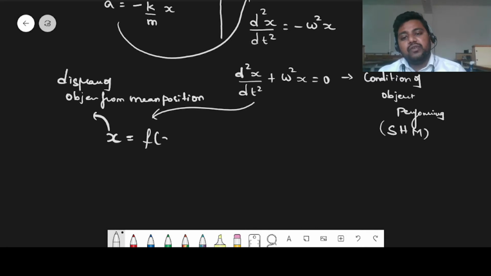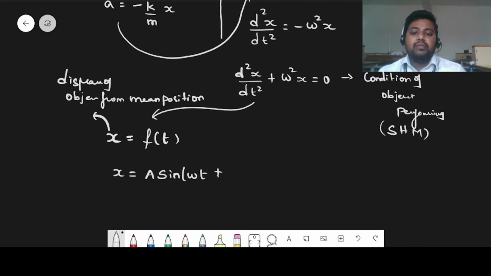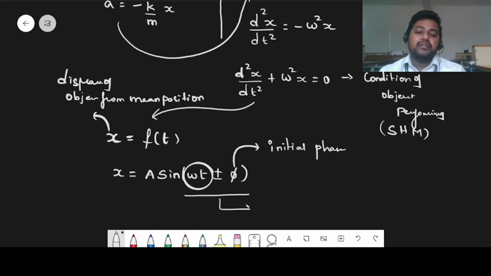If you solve this equation, you will end up with the final value of x equal to a sine omega t plus or minus phi. What is this phi? This phi is called the initial phase. What is omega t plus phi? Omega t plus phi together we call the total phase.